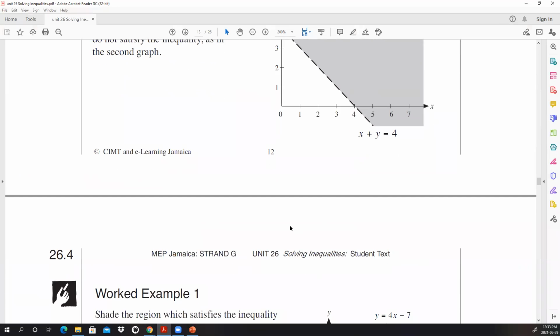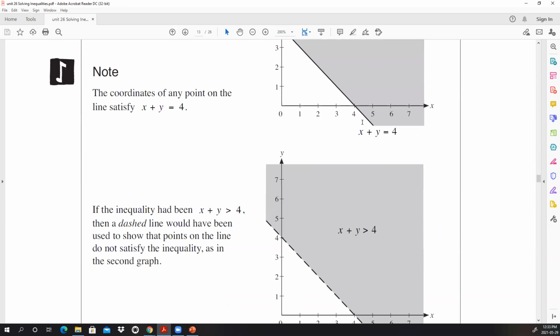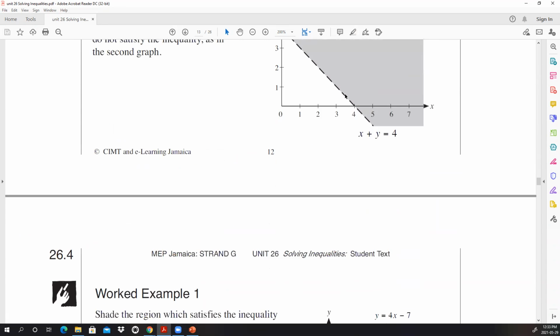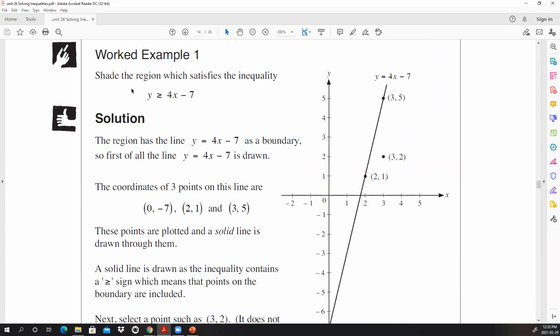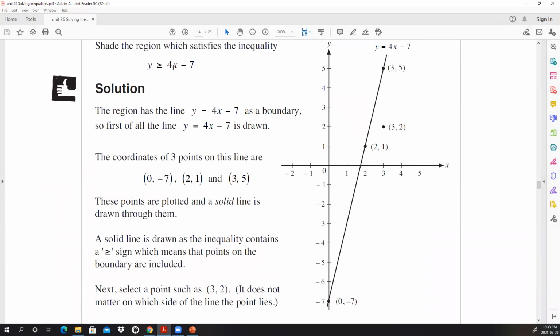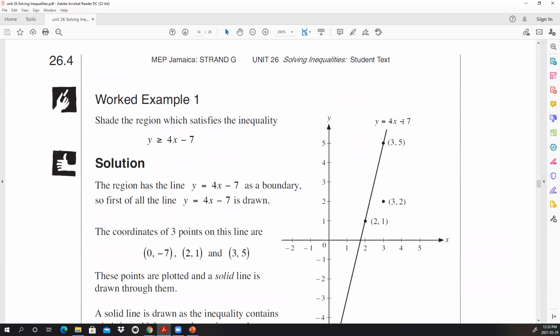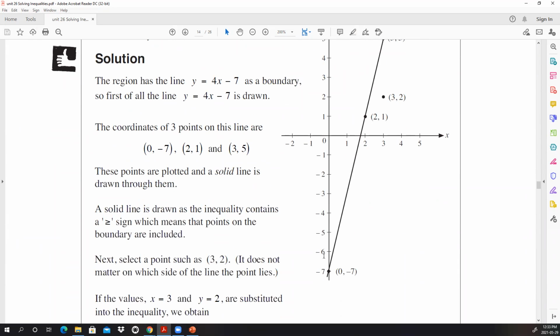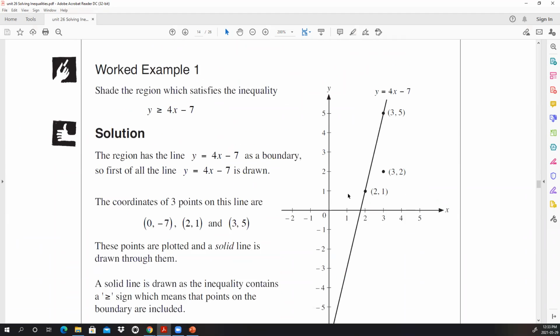And of course, we'll make the difference between the dash and the regular line. Here now, it says shade the region which satisfies the inequality y is greater than or equal to 4x minus 7. So again, you set it up. You have the intercept, which cuts at minus 7.